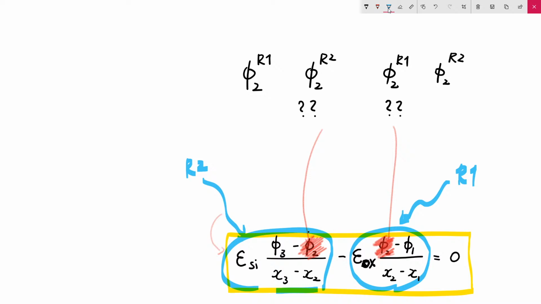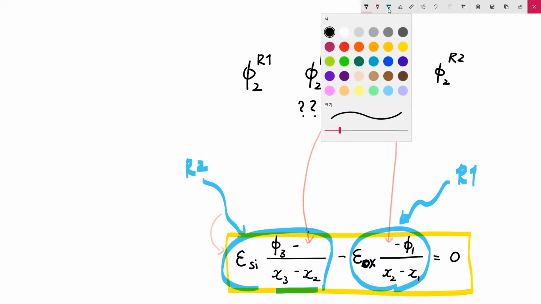Yes, region 1 is the upper region, and that is the oxide region in our assumption. So simply speaking, what we have to understand is, yes, now we have to write it down in this way.